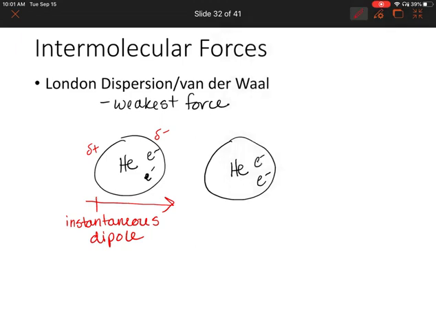So now that helium atom also has an instantaneous dipole, and the partial negative is attracted to the partial positive. So now those two atoms are attracted to each other. They are feeling a force between them, but it's a really weak force because, again, this could change in an instant. All right, so this force is, again, a weak but stabilizing interaction.